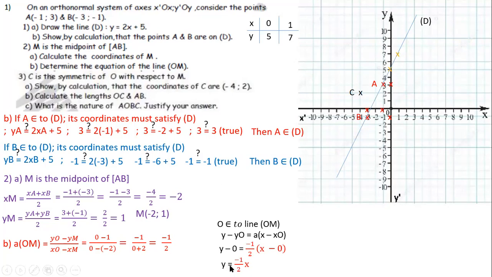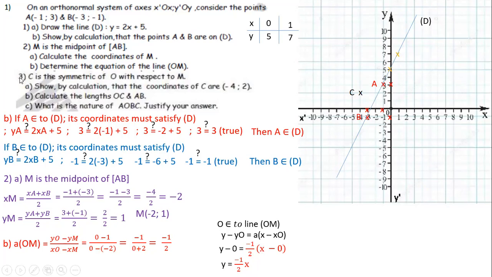This straight line y equals minus half x, since it passes through the origin, shouldn't have a y-intercept, right? Yes. So there is no y-intercept. So this straight line is the equation of line OM. Okay? Thank you, Column.